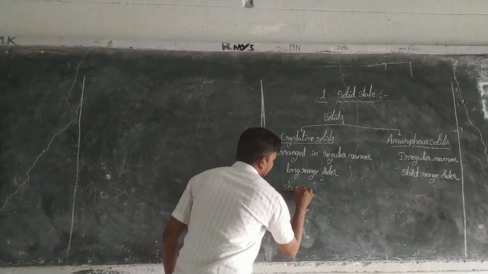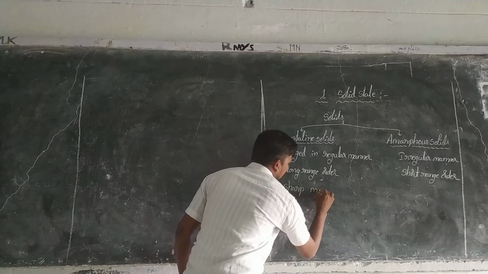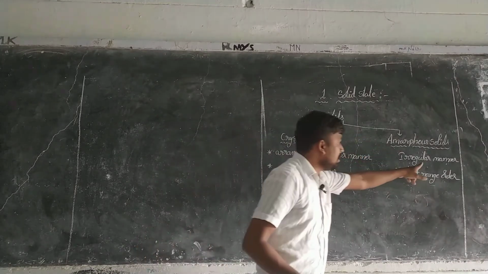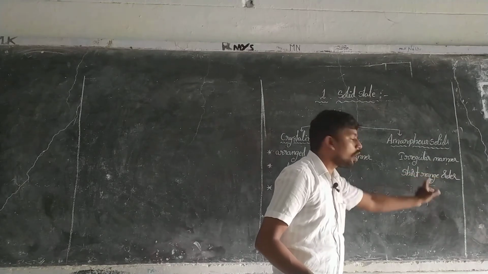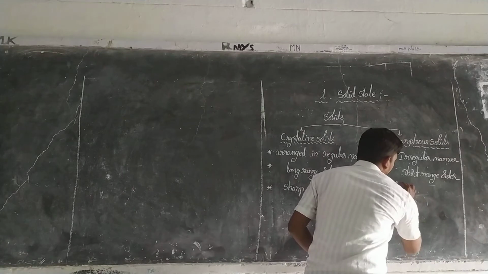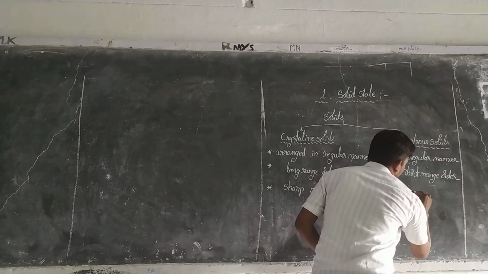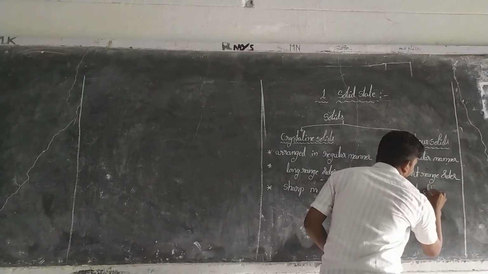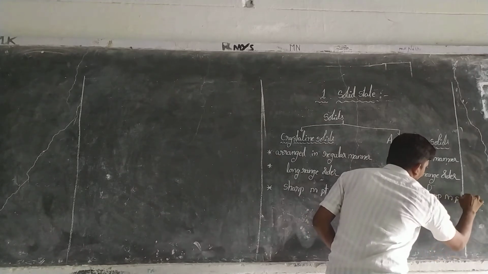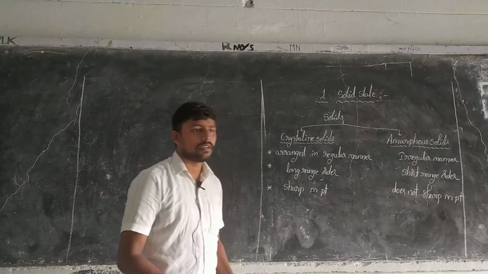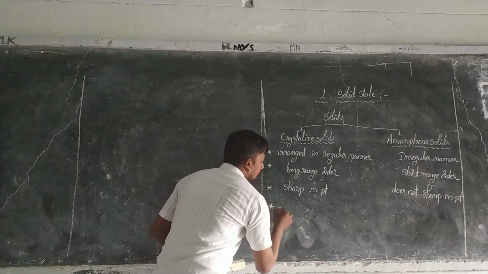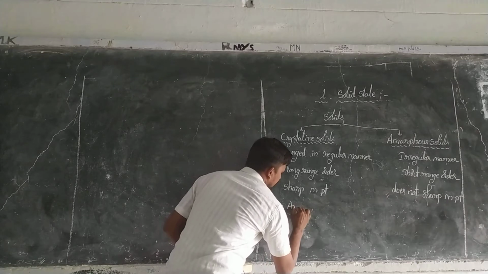So due to this arrangement, crystalline solids have sharp melting point. Due to this irregular manner or short range orders, amorphous solids do not have sharp melting point. Okay, and crystalline solids are anisotropic.